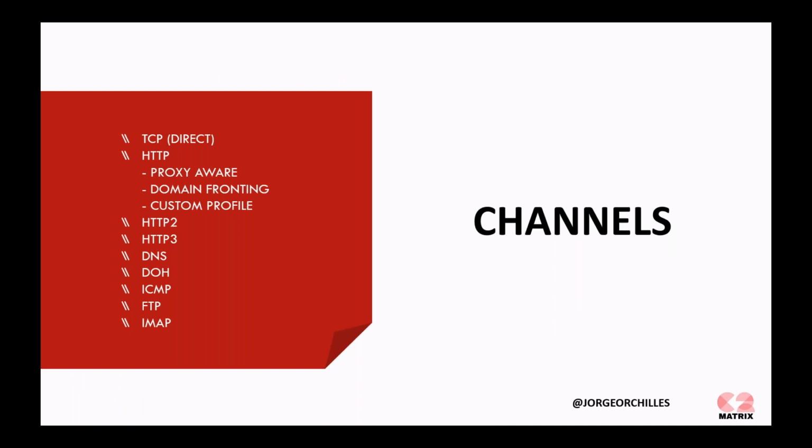From the Red Team perspective, though, let's talk about channels. This was one of the most important ones. I mentioned earlier, most command and control, and what adversaries are using, is using HTTP. So that's generally one of the more important channels that we're going to look at. HTTP has the ability to be proxy aware, to do domain fronting, and to have a custom profile.